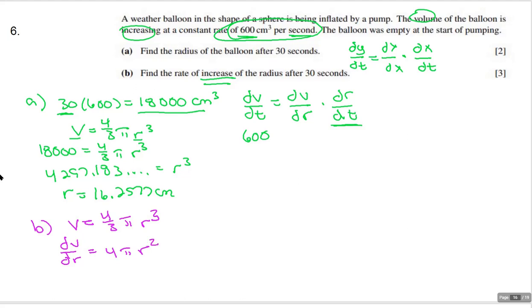Okay? So what I'm going to do now is find the rate of increase of the radius after 30 seconds. Well, I know the radius size after 30 seconds because they made me figure that out in part A. So if I plug that in here, that's the radius size. That's going to be 16.2577.